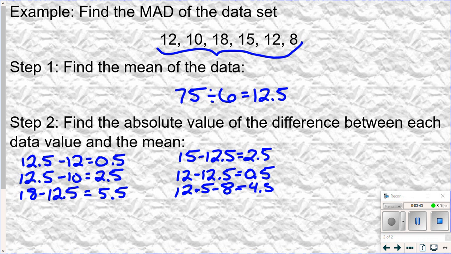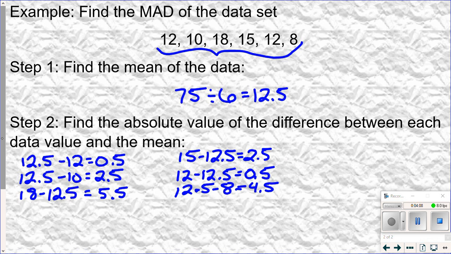All right, so what I've found is how far away each value in my data set is from the mean. And so the bigger the value, the further away that number is from the mean of the data set. So now the last step: the mean absolute deviation is the average of these numbers.